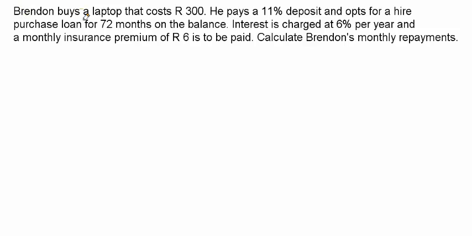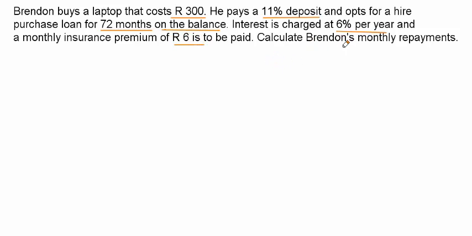Brandon buys a laptop that costs 300 Rand. He pays 11% deposit and opts for a hire purchase loan for 72 months on the balance. Interest is charged at 6% per year, and a monthly insurance premium of 6 Rand is to be paid.